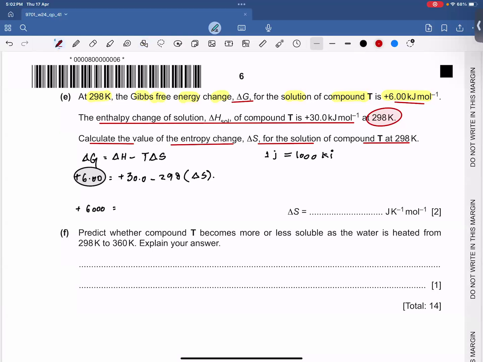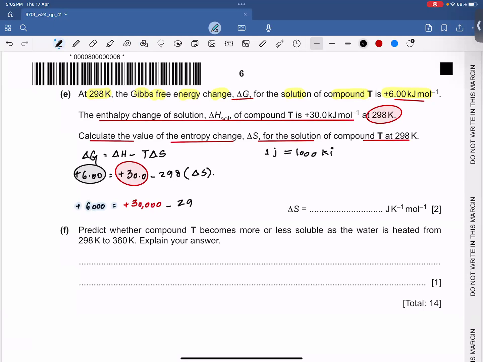Let me convert this value also into joules, which is going to be plus 30,000, minus 298, and then we have delta S. So the delta S here will give you plus 80.54 joules.